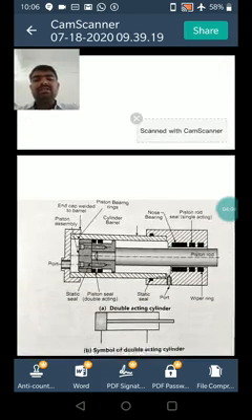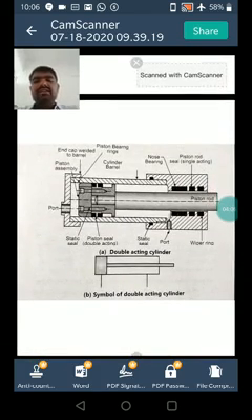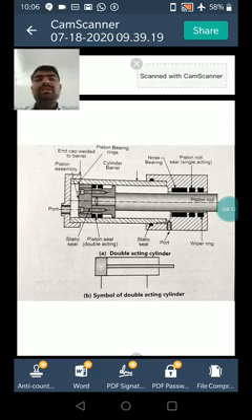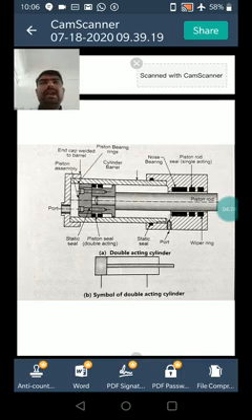Then next we see the double acting cylinder. Double acting cylinders are operated by application of oil pressure on both sides of the piston. These actuators are extensively used for various applications.